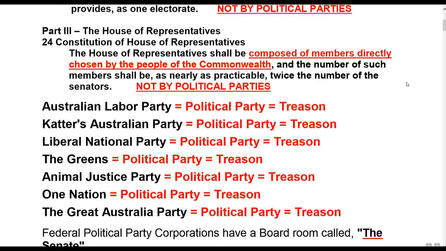So we've got Australian Labor Party. That equals a political party, which equals treason. Katter's Australian Party. Liberal. I used to be very friendly with Katter's Australian Party when I was learning all this stuff. I asked Bob Katter one day why the hell he voted for a certain act, I can't remember, an environmental act through the federal parliament.